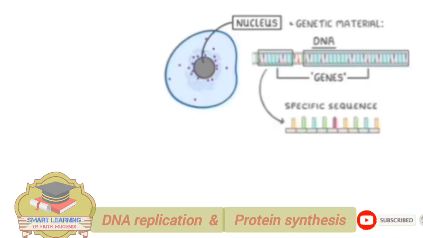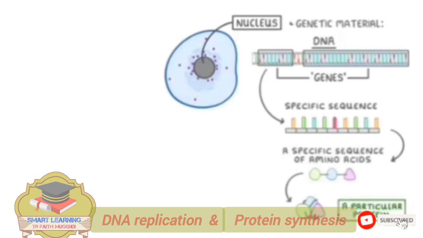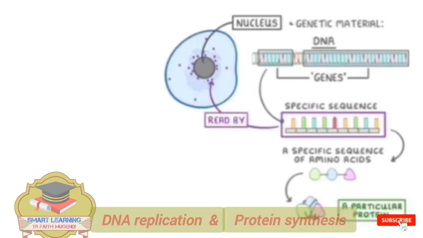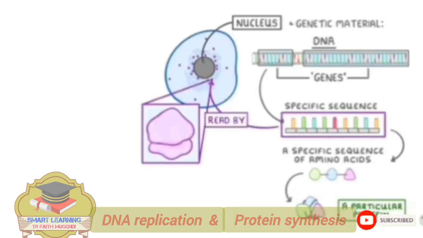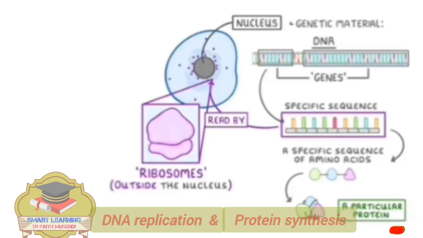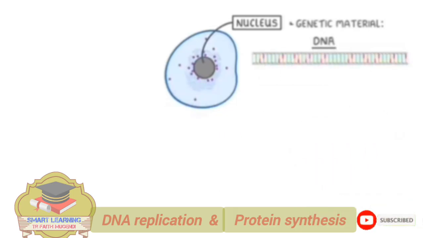This means if we want to use a gene to make a protein, we need to make a copy of it first. And because it's a single gene and not the entire DNA strand, the copy will be small enough to fit through the small nuclear pores and reach the ribosomes. This copy is what we call messenger RNA.